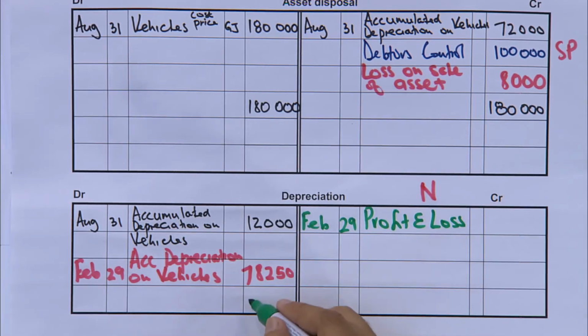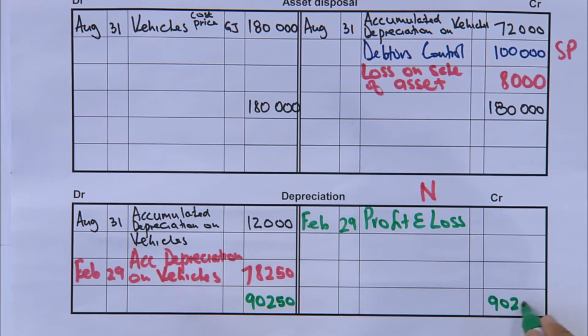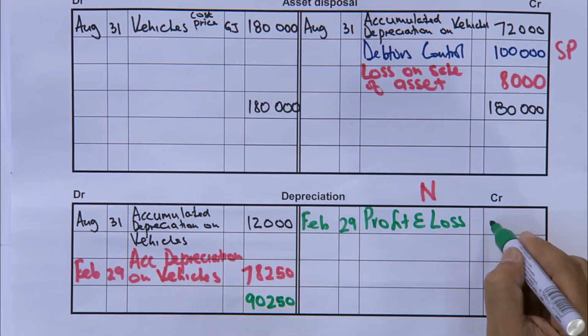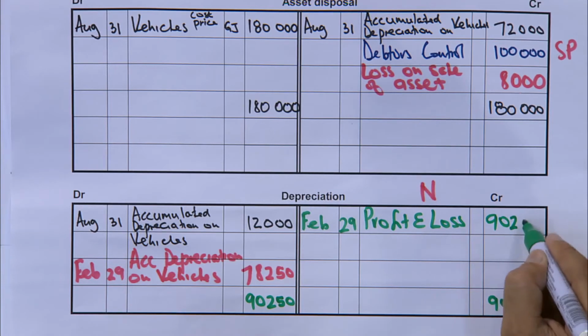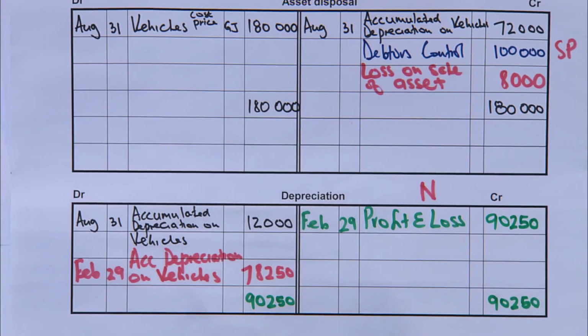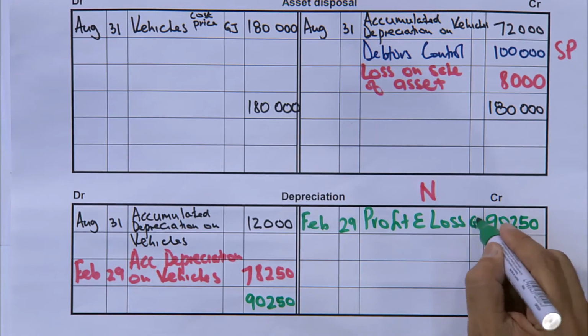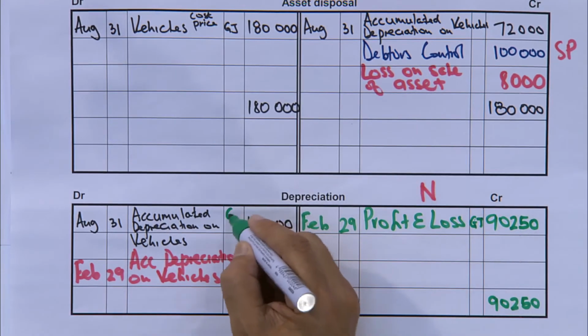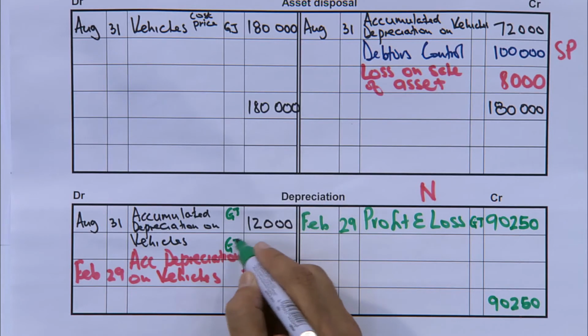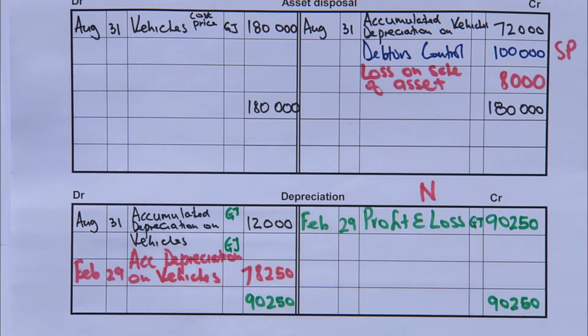Profit and loss, and it will be this total, which will be $90,250, and once again, it will just be general journal, general journal, general journal.